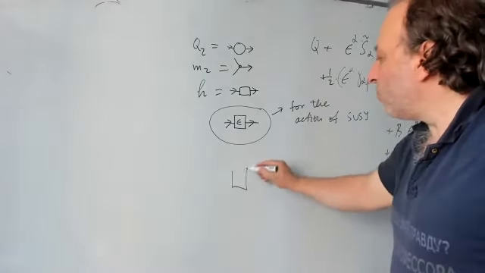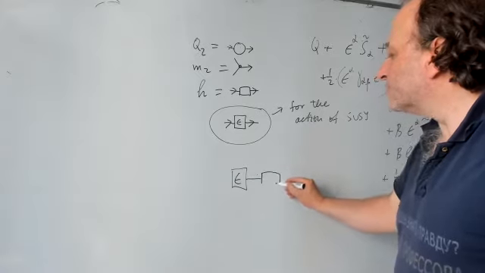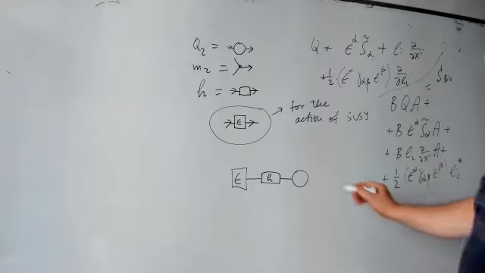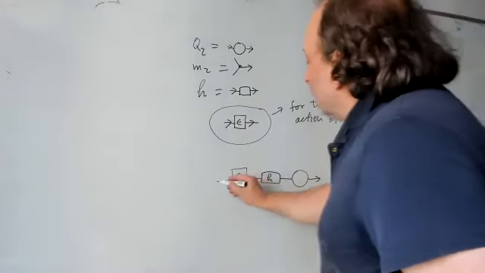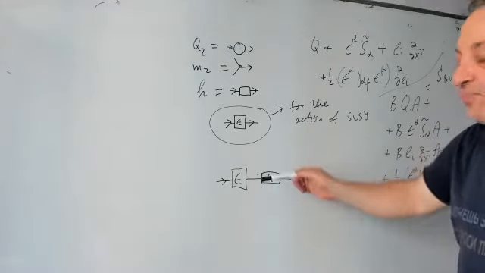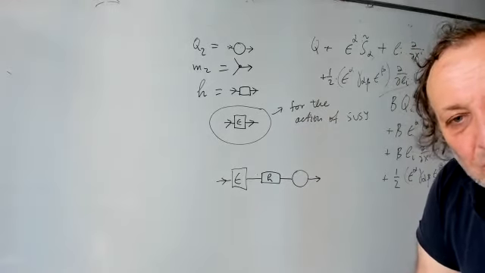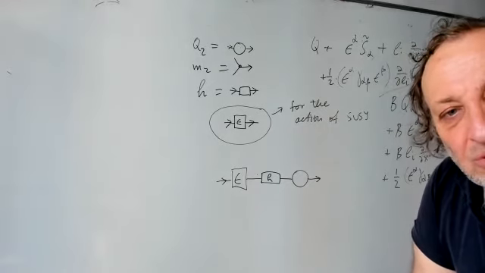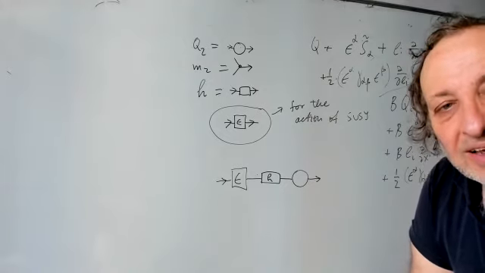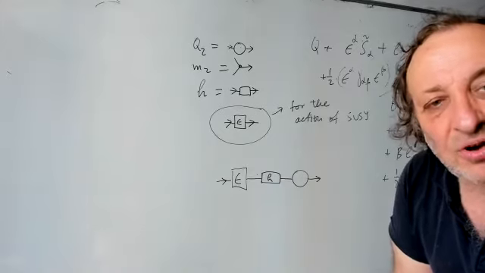Also, we have this structure. How do we know that we have both of them? We know that we have both of them because supersymmetry contains terms that have derivatives and terms that have no derivatives.